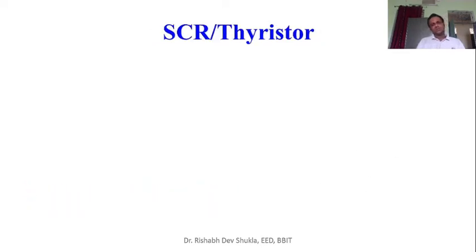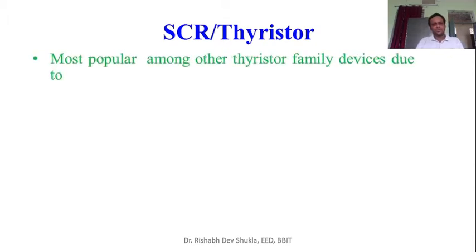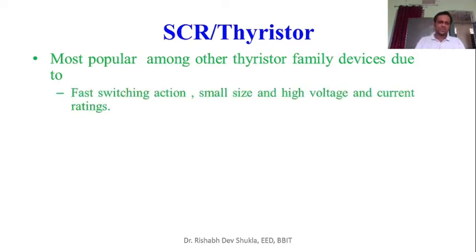Then we are going to consider the SCR in our discussion. It is the most popular and oldest device among the thyristor families. It is very popular due to its fast switching action, small size, and capability of handling large voltage and current.